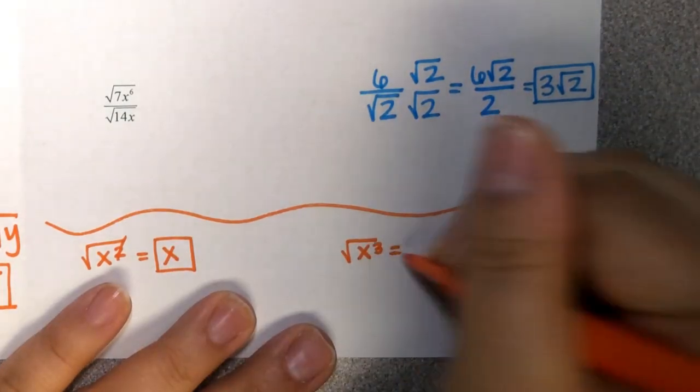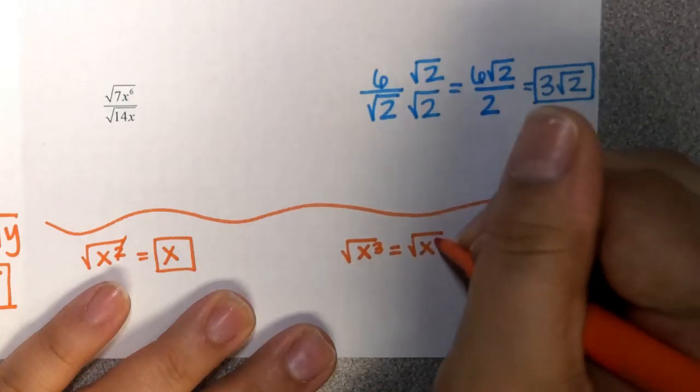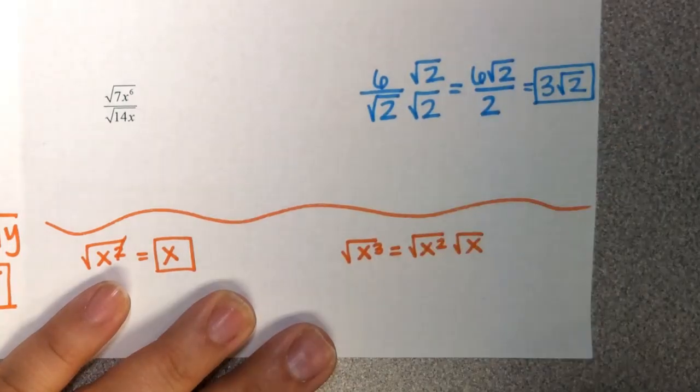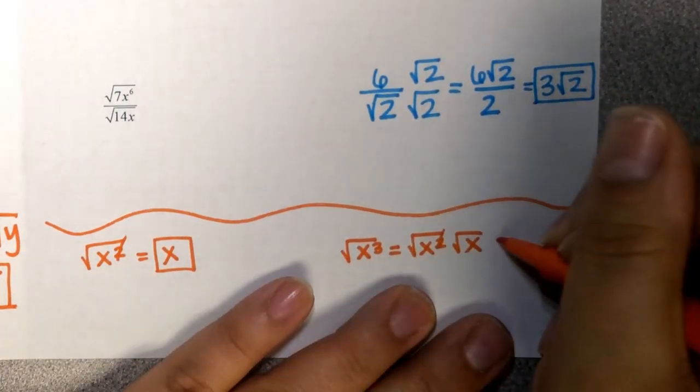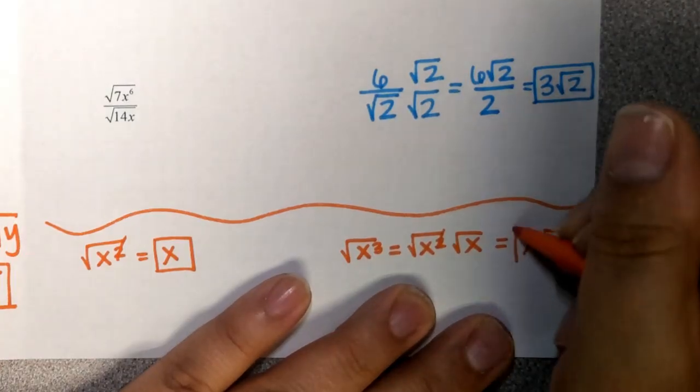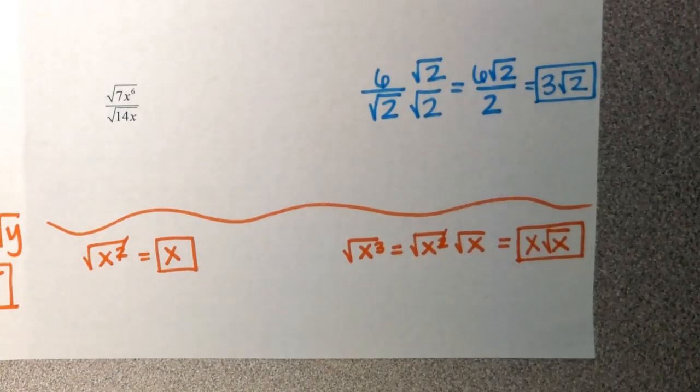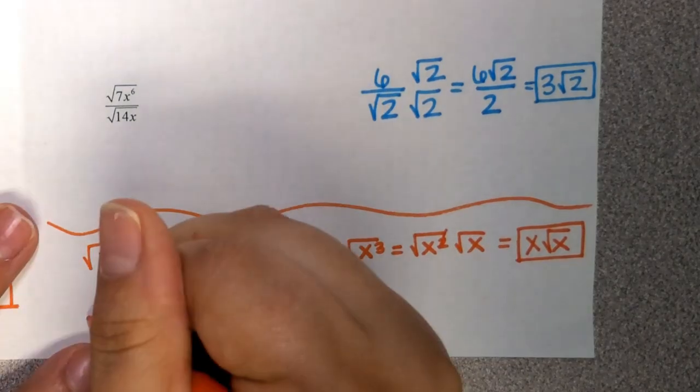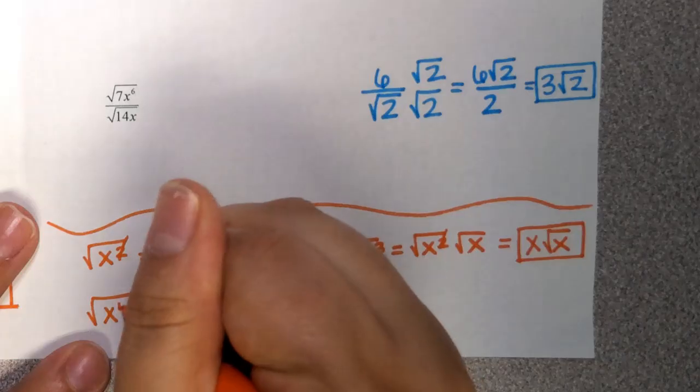What if I had the square root of x to the third? Split them off. I would get x squared and x, which gives me x root x. What if I had the square root of x to the fourth?